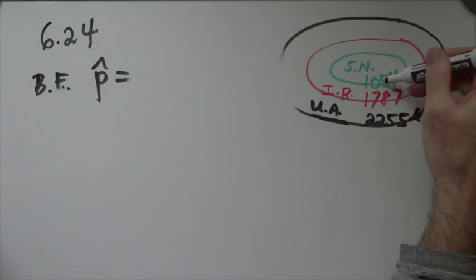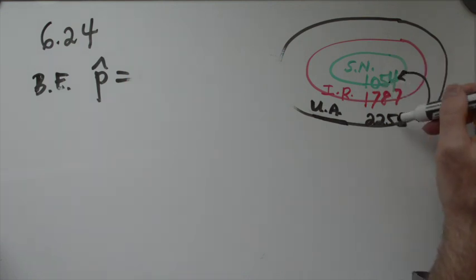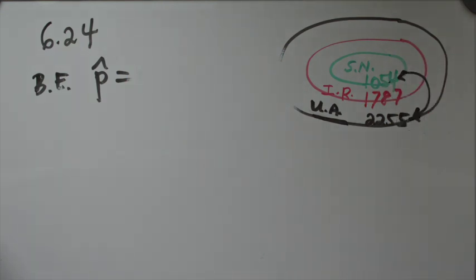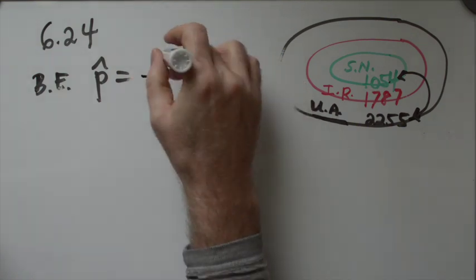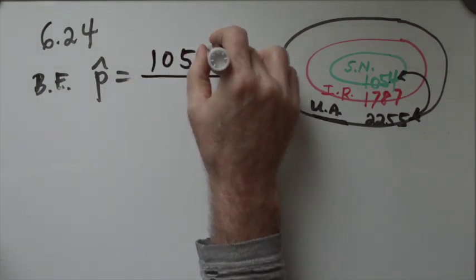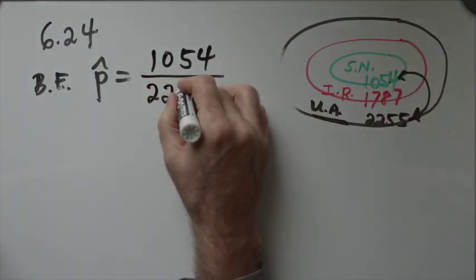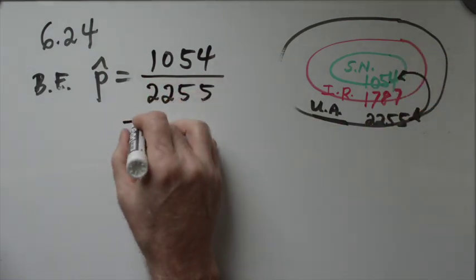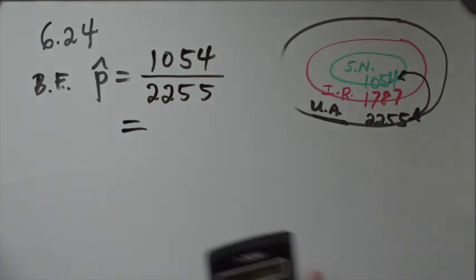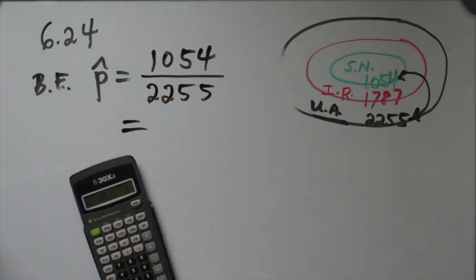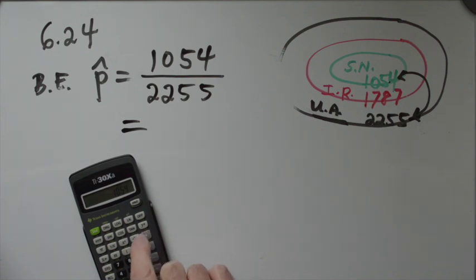We're going to be working with the p-hat that we get by taking this ratio. So, here's my development of this. We've got the 1,054 people who use social networking regularly out of a sample of 2,255 U.S. adults. That p-hat is going to be 1,054 divided by 2,255.